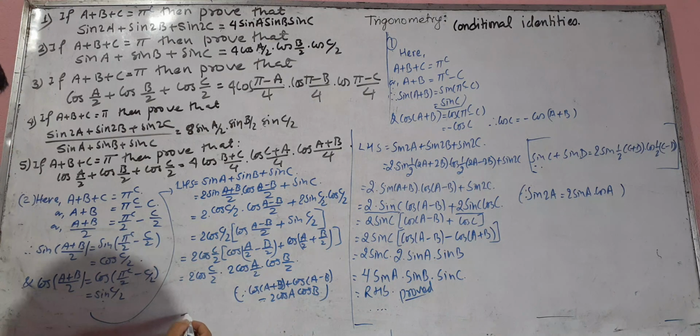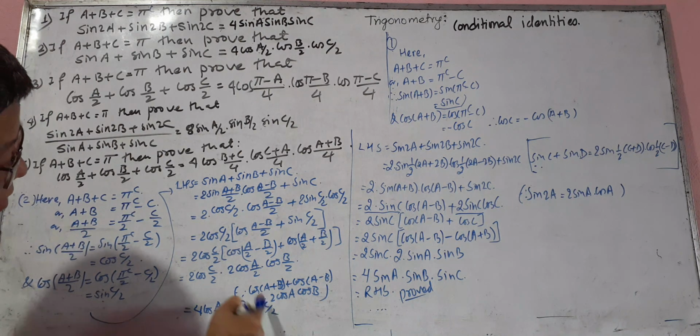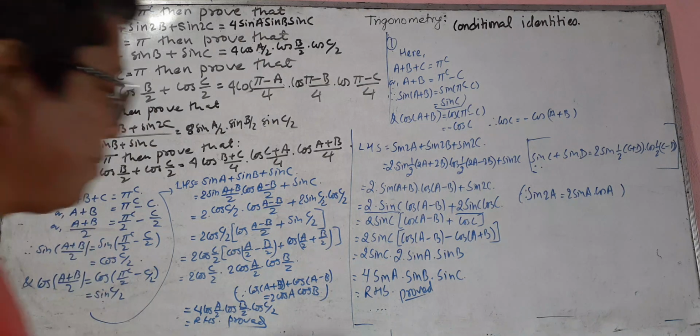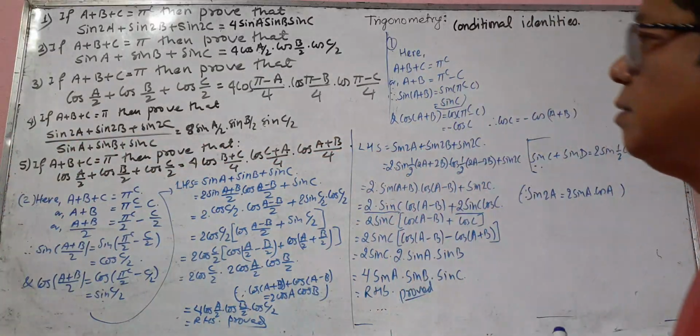By this formula, this equals, writing in order, 4 cos A by 2 cos B by 2 cos C by 2. This is the formula, okay? This is the right hand side result. Okay, so in this way we have proved 1 and 2.